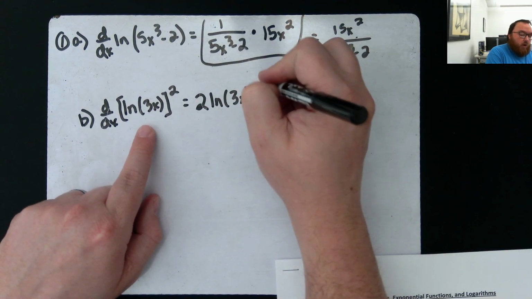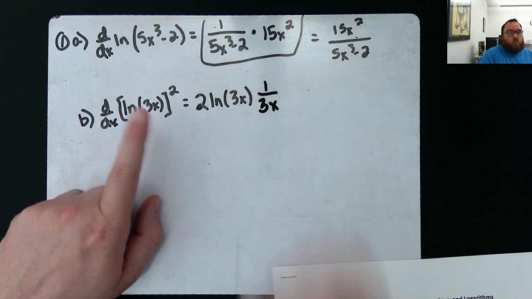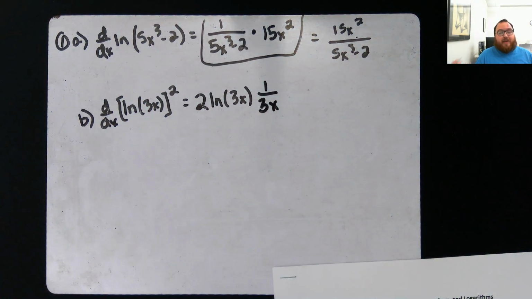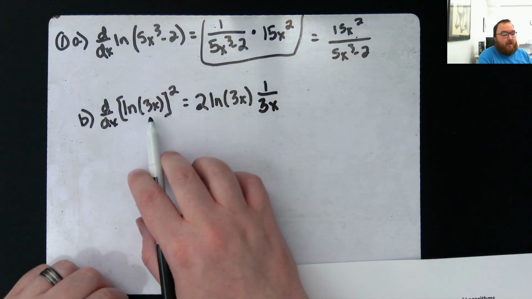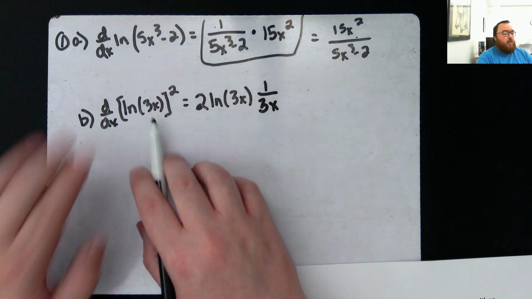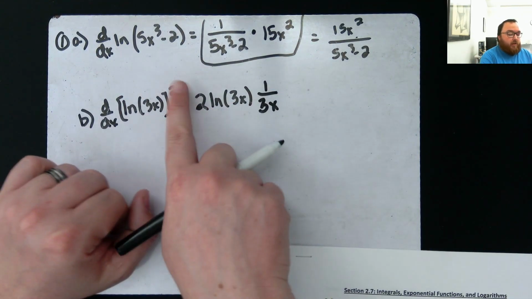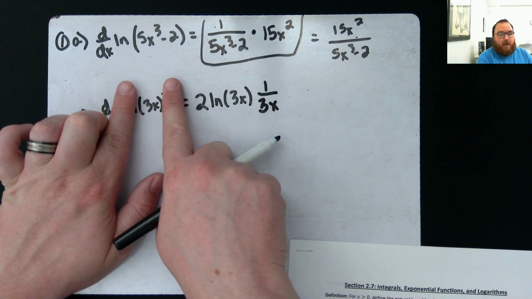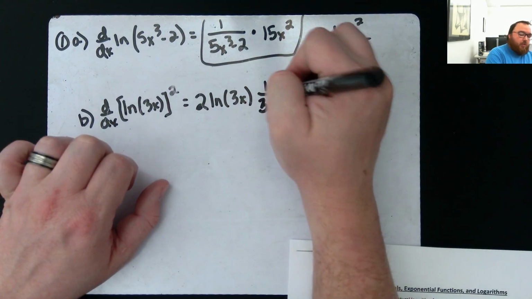So this time it'd be 1 over 3x, because that is what I have inside. But I still can't stop because I have stuff inside of the natural log. So now, because I've already done the square part and the natural log part, all I have left is the 3x. The derivative of 3x is just 3.